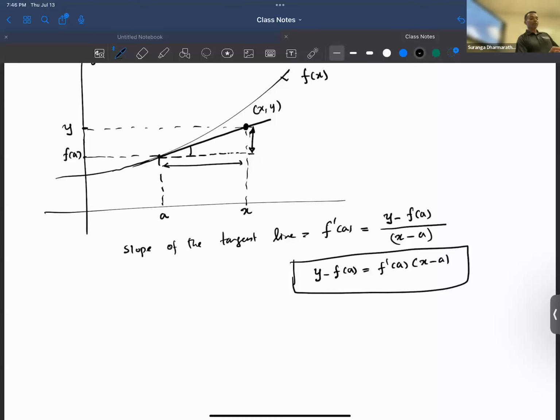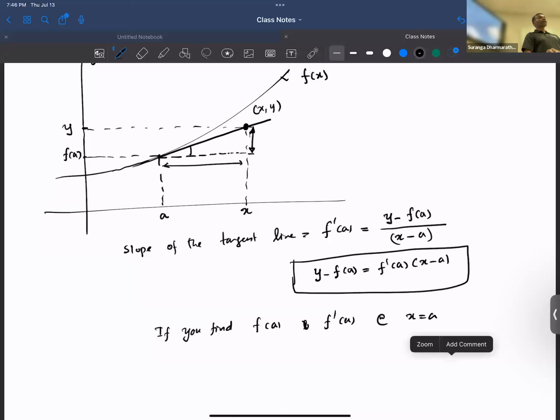So what is the advantage of that? If you find f of a and f prime a at x equal a, right? Now you are given a function f of x. If you can find f of a and f prime of a at x equal a, you can find what?